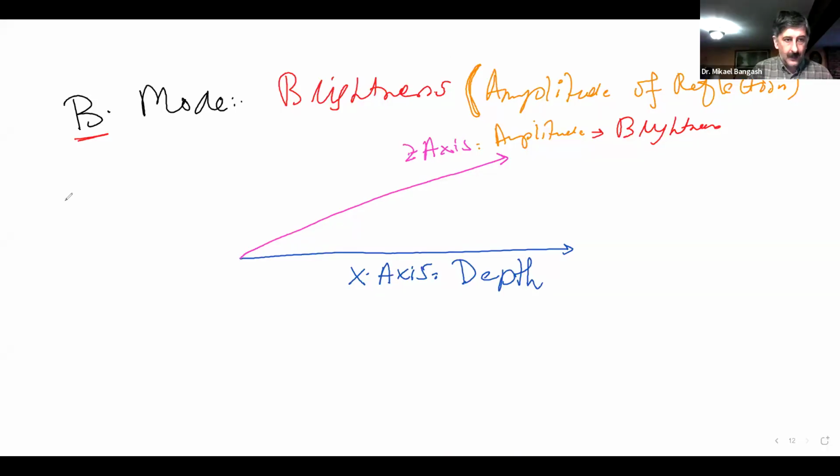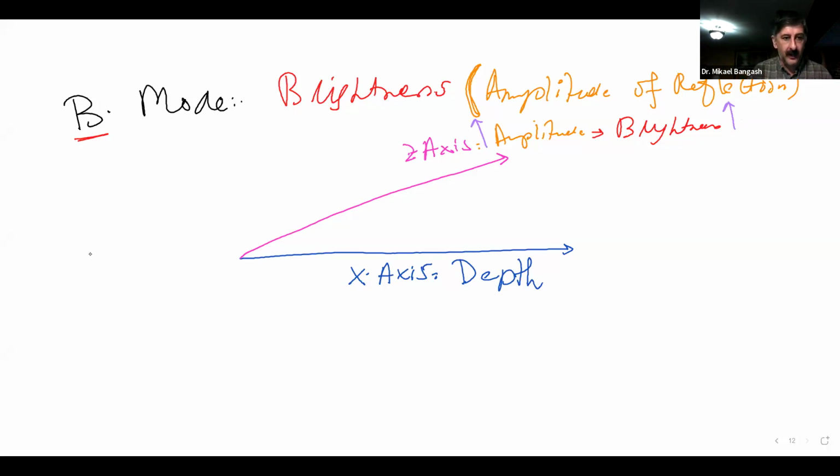So, what did that tell you? That along the z-axis, if you have a high amplitude of a reflection, that's going to have a great brightness or appear bright.